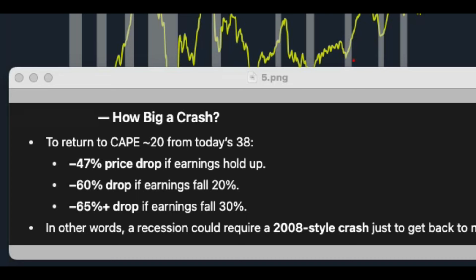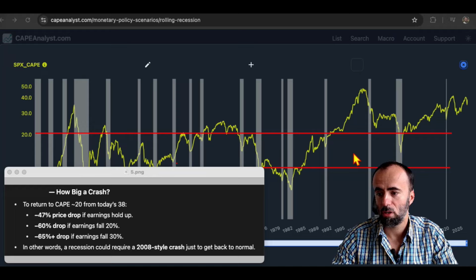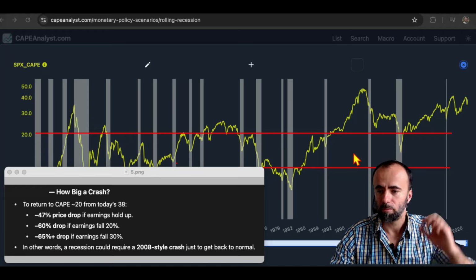Now, if earnings drop by 20%, the price drop needs to be 60% for CAPE to come down to 20. And if earnings fall by 30%, the prices need to drop by 65% or more for CAPE to come down to 20. So, in other words, a recession could require a 2008-style crash just to get back to normal.